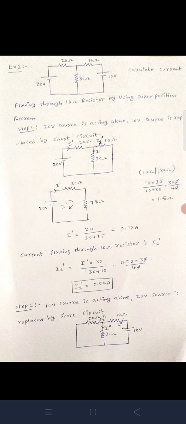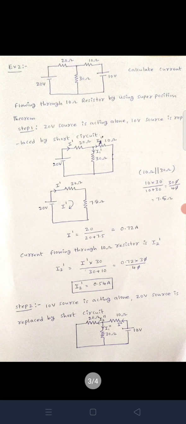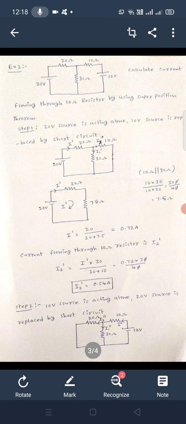But we have to calculate current flowing through the 10 ohm resistor. From the first figure, the current through the 10 ohm resistor is I2 dash. I2 dash is calculated by using the current division rule, because the 10 ohm and 30 ohm are connected in parallel and we already know the total current I dash. So I2 dash equals I dash into the opposite parallel branch resistance, 30, divided by the sum of the parallel branch elements, 30 plus 10.